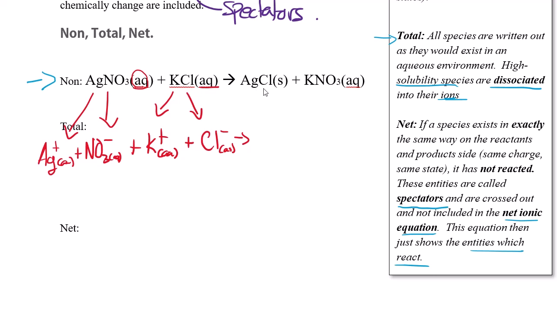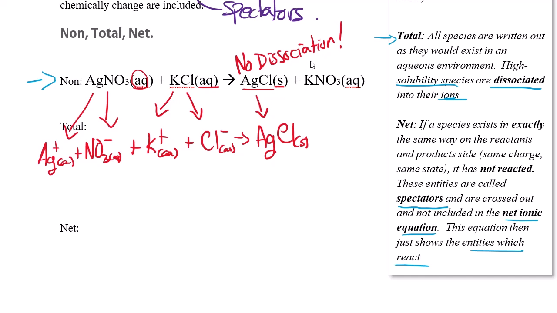Then on the product side, this guy, my silver chloride, is a solid, so it does not dissociate. No dissociation. It stays together. So in the total, you copy it down just as it is. Anything that is an ionic solid, anything that's in its elemental state, anything that is just a neutral element, goes down here just as it is because it doesn't dissociate.